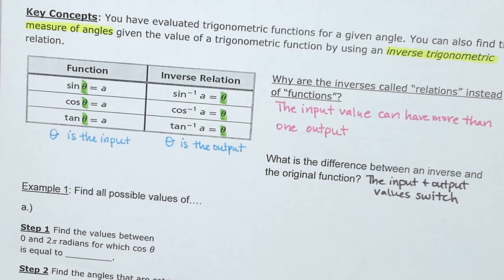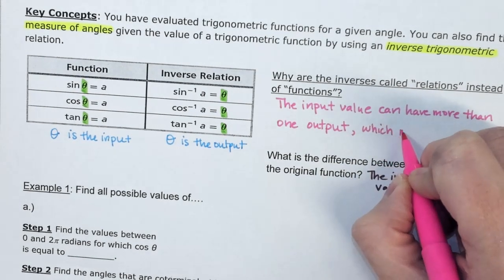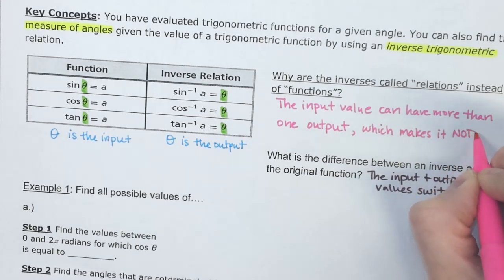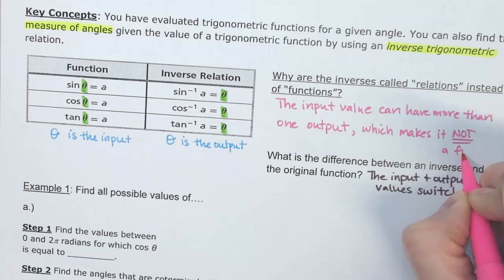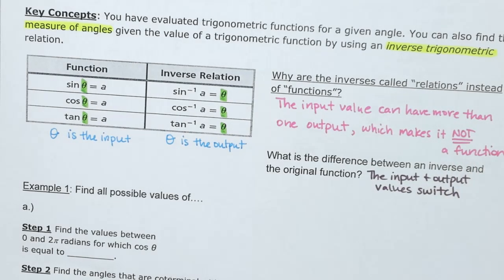The input value can have more than one output, which makes it not a function.